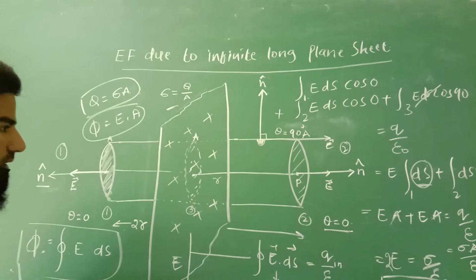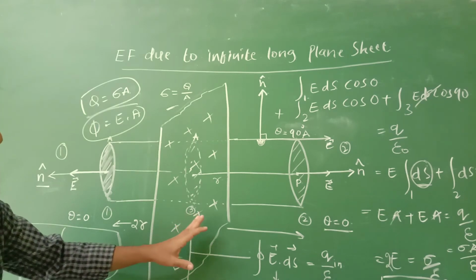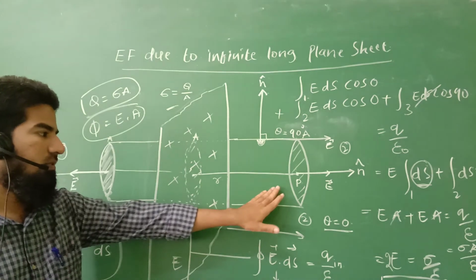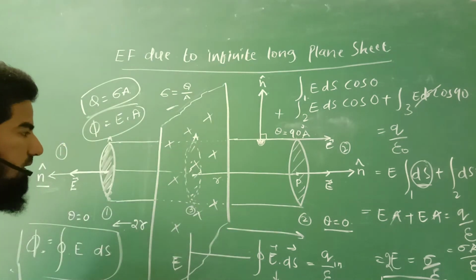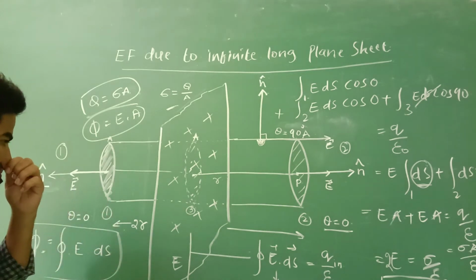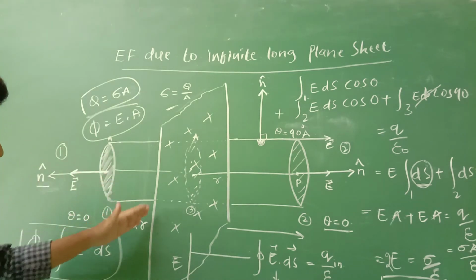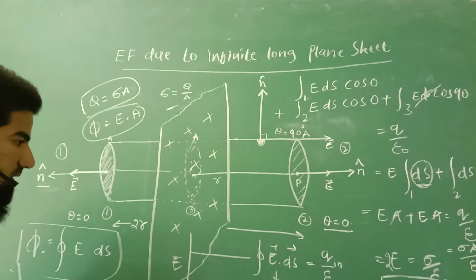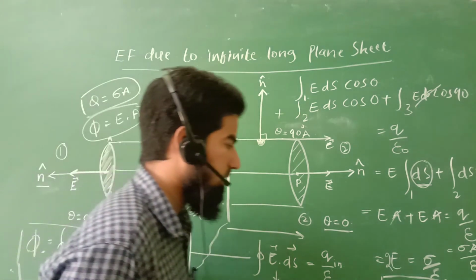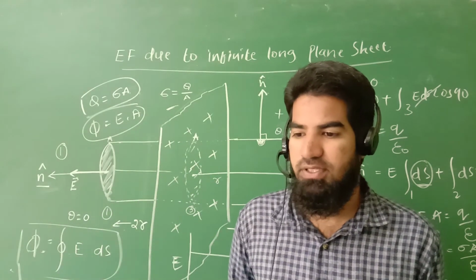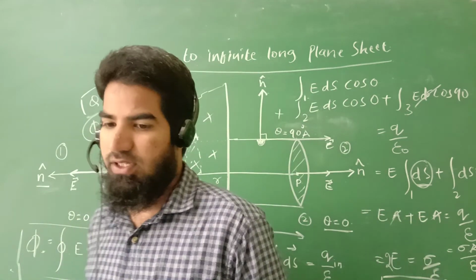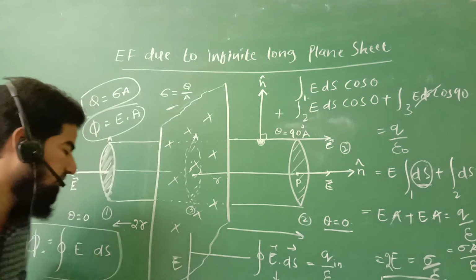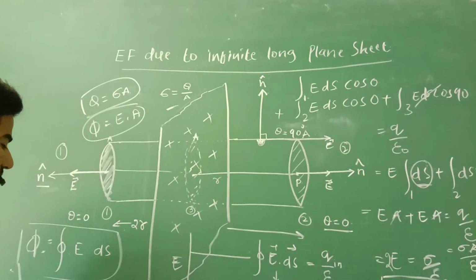Now psi is equal to E dot ds. What is psi here? Psi is nothing but the electric flux, E is the electric field, and ds is the smallest area element.